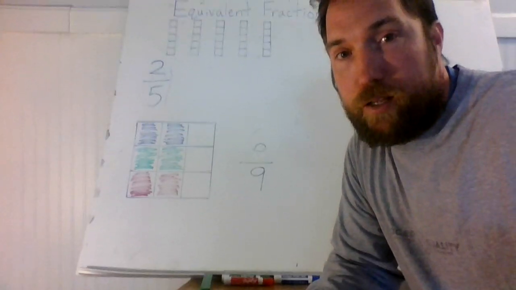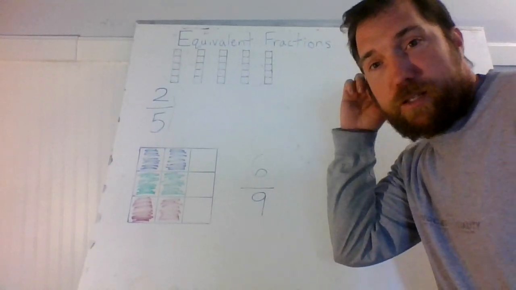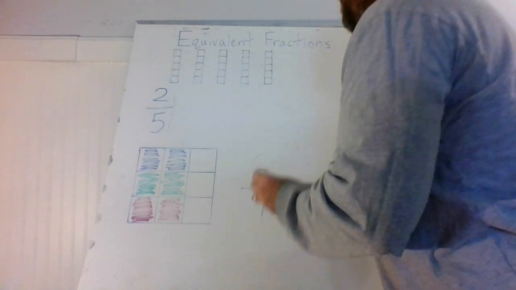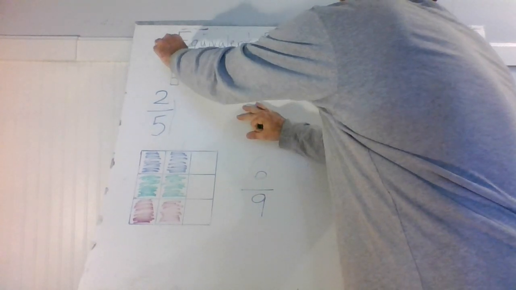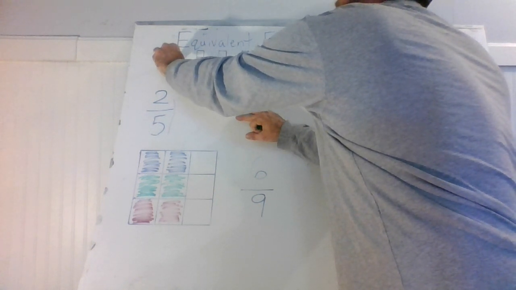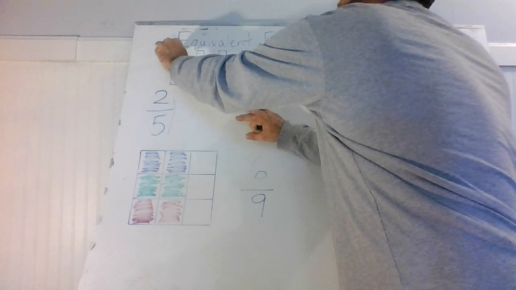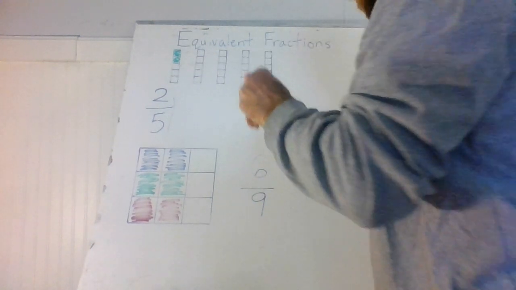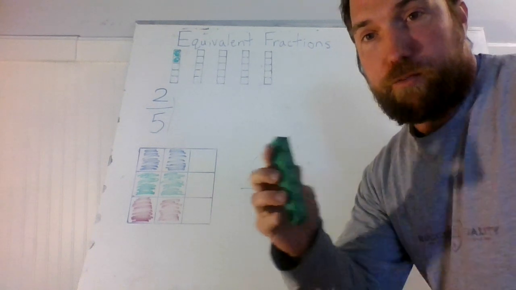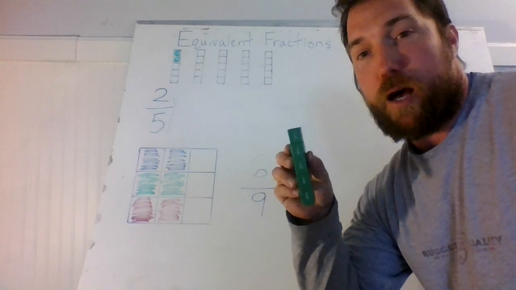Okay, so a couple different things I want to talk about. We have an example here of 2/5. I'll shade that in just in this first box. It's just 2/5. Say you go into the store, there's a 5-pack of candy. Mom buys it for you.